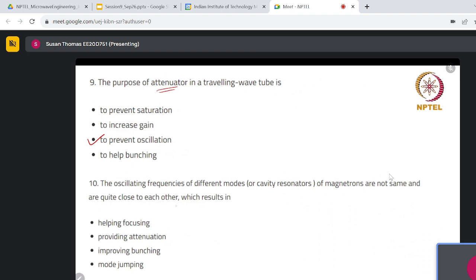Now coming to the next question. Oscillating frequencies of different modes of magnetron are not same but quite close to each other, which will result in what? Focusing, attenuation, improving bunching, mode jumping. So there are multiple modes, like modes 1, 2, 3, etc. These multiple modes have oscillating frequencies which are not exactly same but very close to each other.